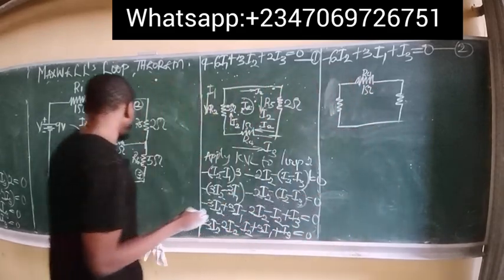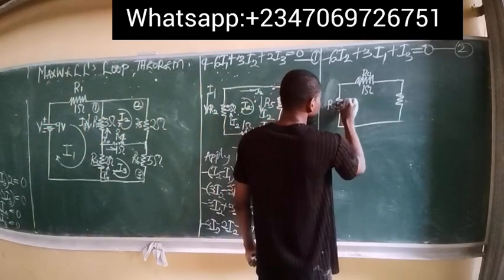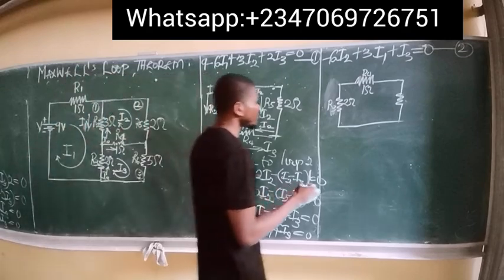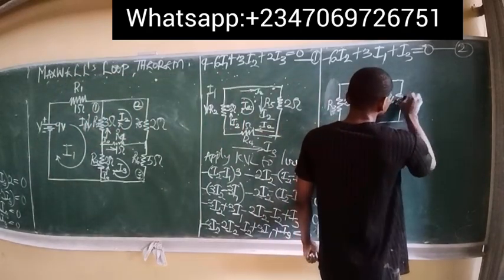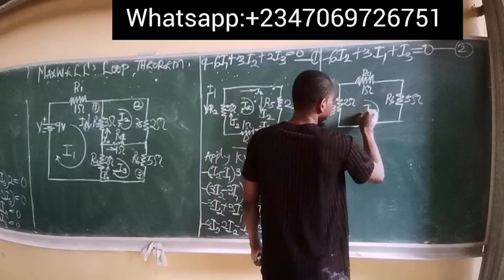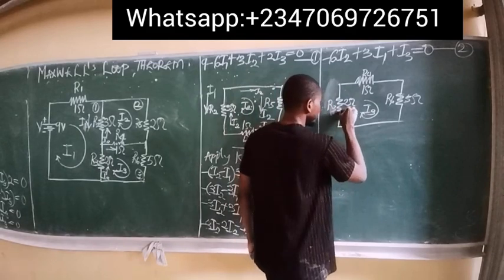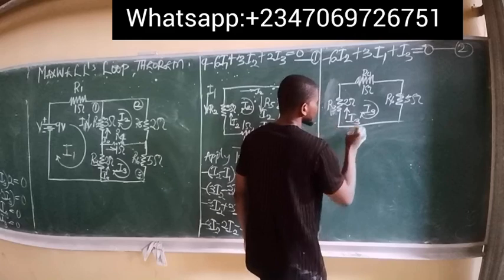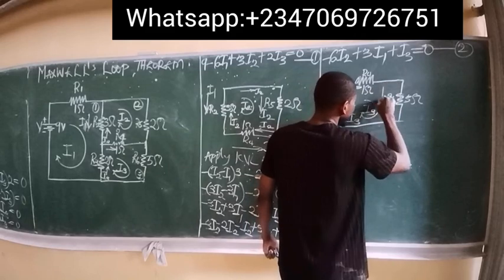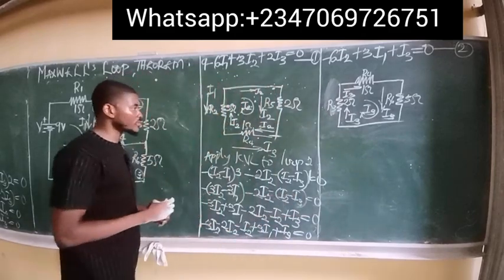We have R3 2 ohms. And finally we have R6 5 ohms, and direction of current is in this manner. This is I3. So this simply implies that current flows in this direction. We have I3 flowing through this resistor. We also have I3 flowing through this resistor. And we also have I3 flowing through this resistor. That's the manner of flow of the currents, according to the loop or the cycle given there.